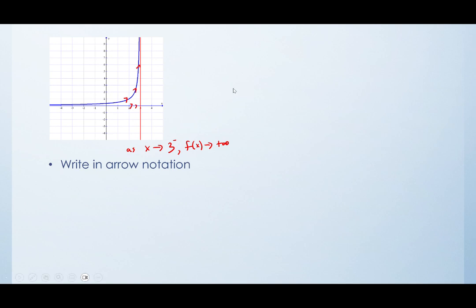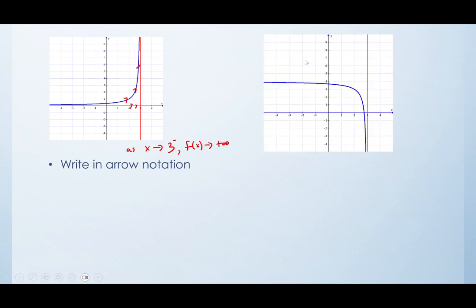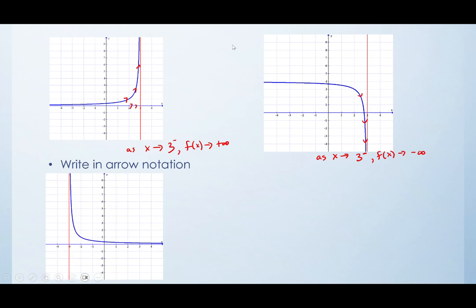It doesn't really matter here. This one is pretty much the same story. As x approaches 3 from the negative side, our function is approaching, in our y values, negative infinity.